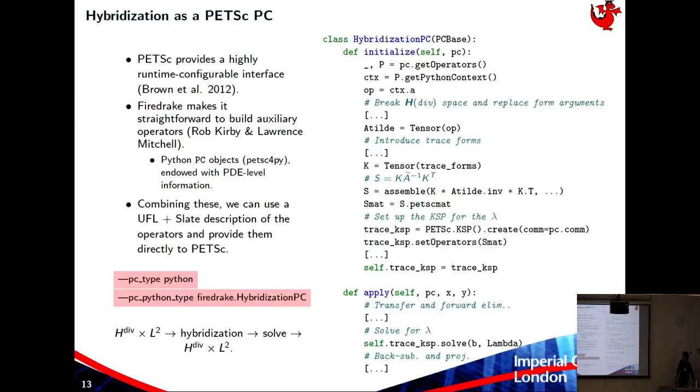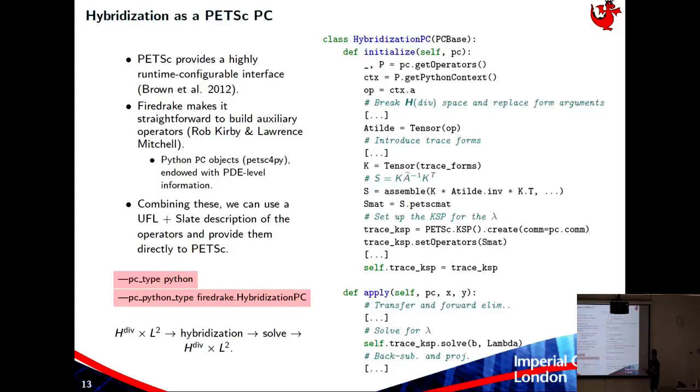And that's exactly what happened. So Lawrence already gave an overview on how we introduce auxiliary operators into Firedrake to compose and introduce our own preconditioners. And I've done the exact same thing, but rather than taking the operator and reintroducing my own operators, I instead take the information about the PDE that's already contained, break it, and then fix it by introducing these multipliers.